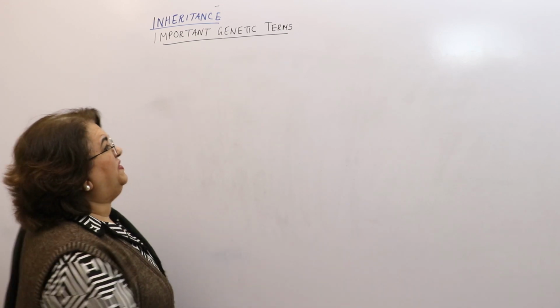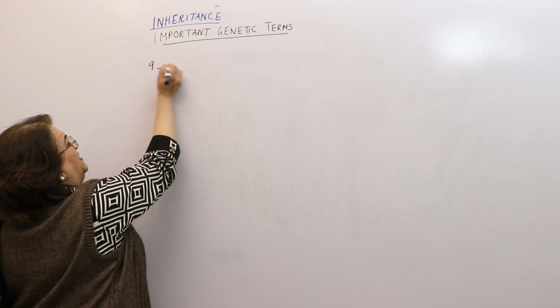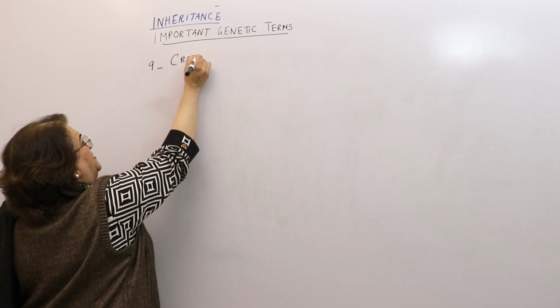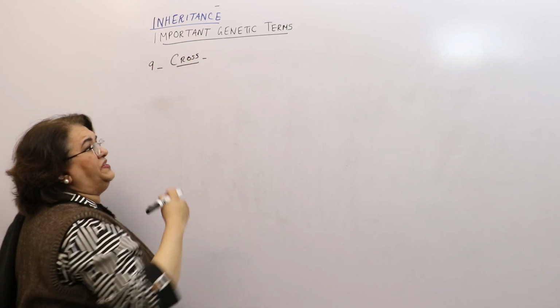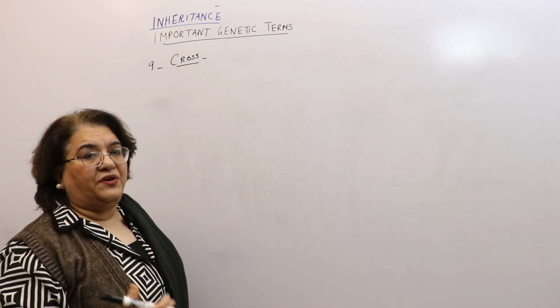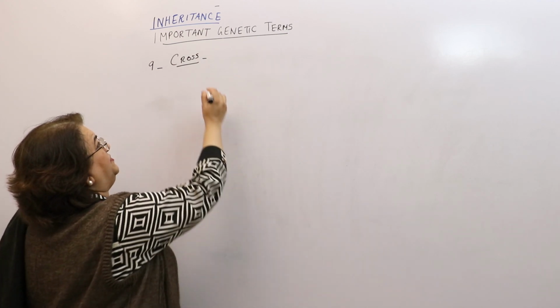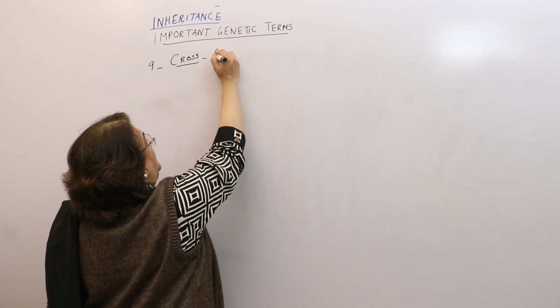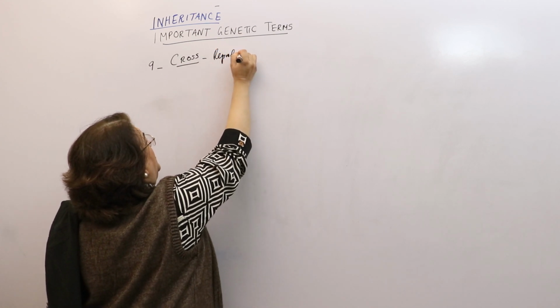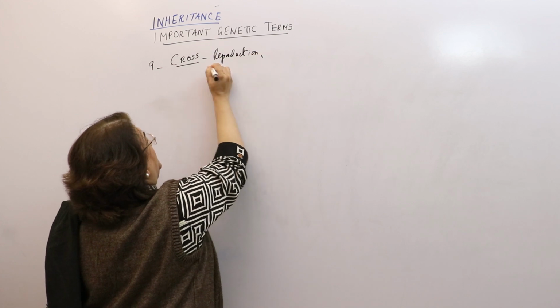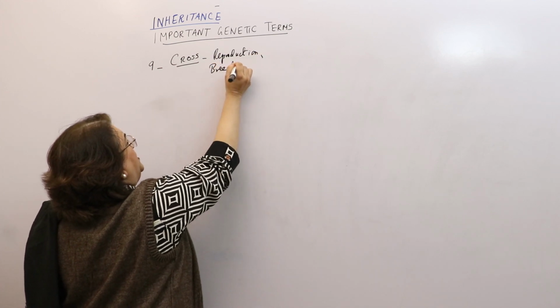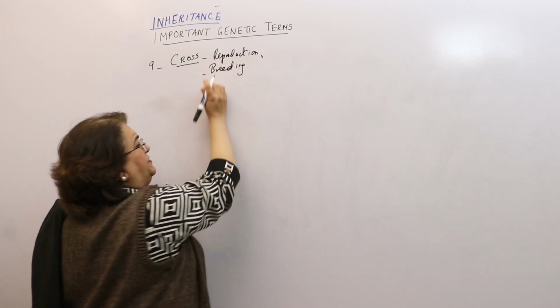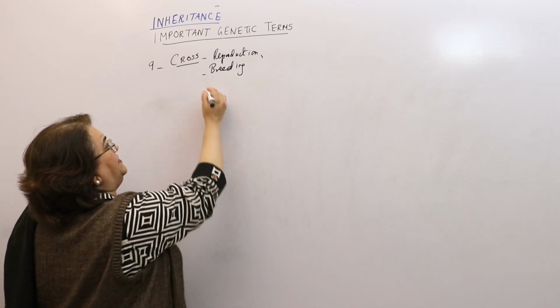All right, now the next one is the word cross. This is very frequently used in inheritance, like when we say genetic crosses. The word cross stands for sexual reproduction, or breeding between two organisms, or fertilization, right?